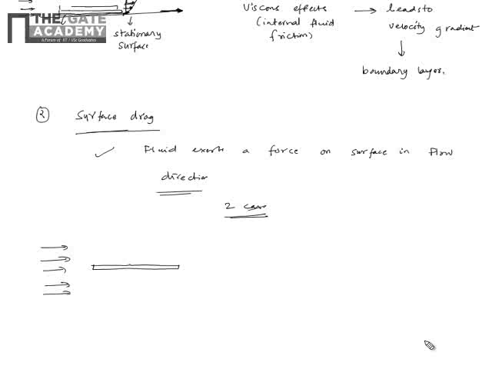Because of the no slip condition, the fluid exerts a force on the object, and the object starts moving. So you need to apply a balancing force to keep it stationary, otherwise the fluid will just drag the object in the flow direction. So this is case 1.